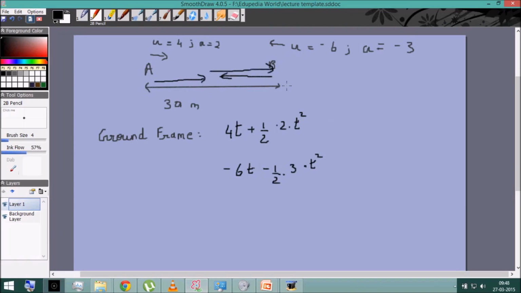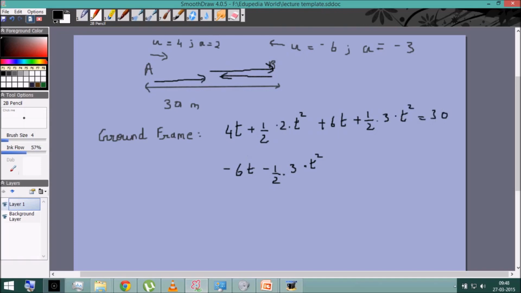And when that is true, that is when both particles will have collided. So we subtract these two and make it equal to 30. So that gives me 4t plus half into 2 t square plus 6t plus half into 3 into t square, and this should be equal to 30.